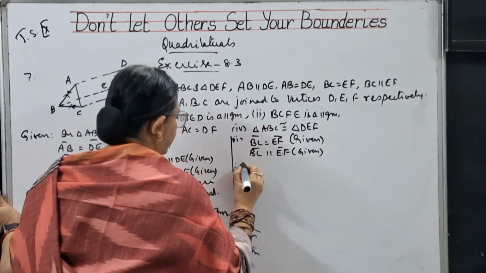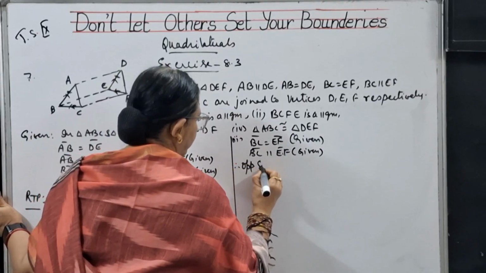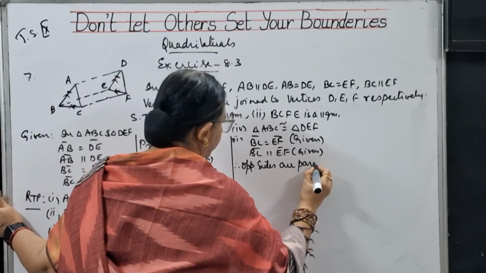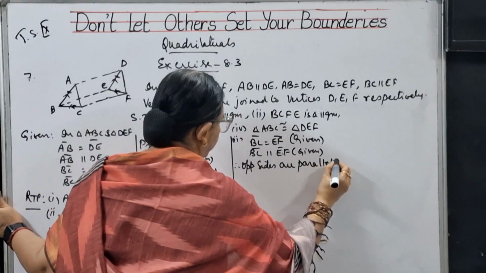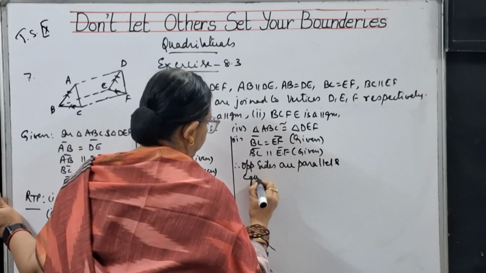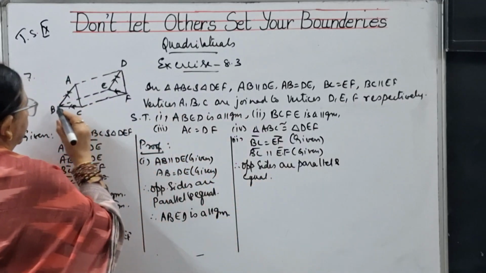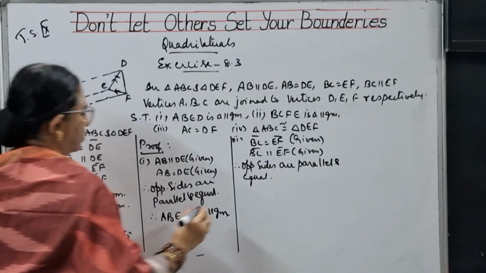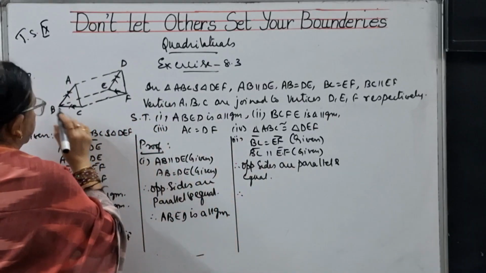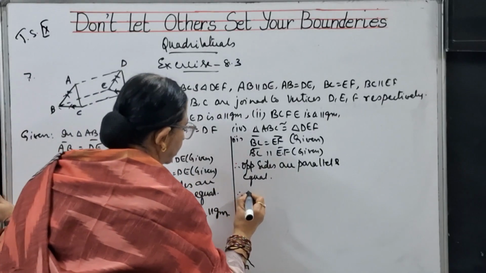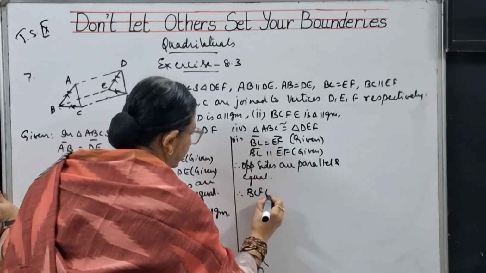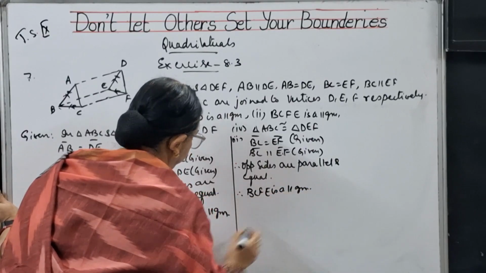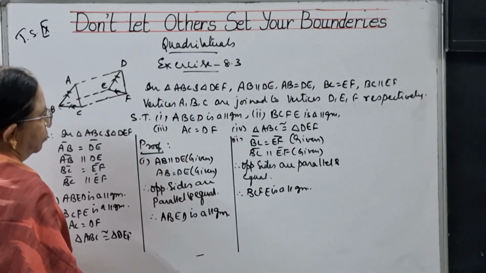So again the same thing. Opposite sides are parallel and equal. See here children, BC is equal to EF. BC is parallel to EF. Therefore, what you can say? BCFE is a parallelogram. So this is the second bit proof.